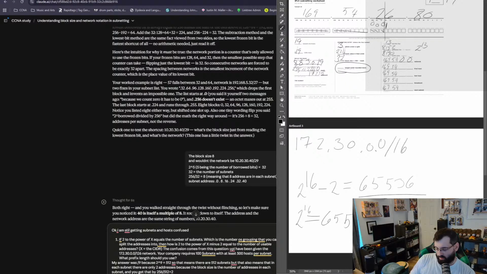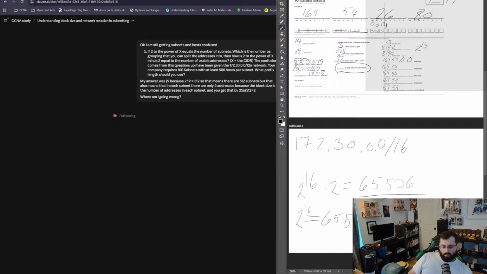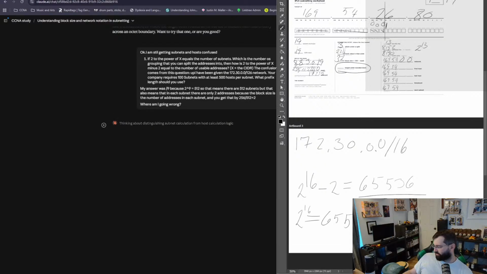Where am I going wrong? Okay, we're going to let that cook for a second, because I really understood this yesterday. Because this means that there's going to be 13 blocks.